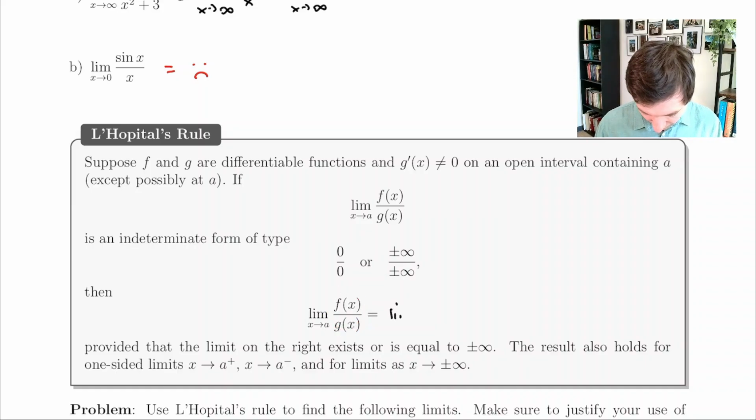A limit, as x goes to a, of f prime of x divided by g prime of x.